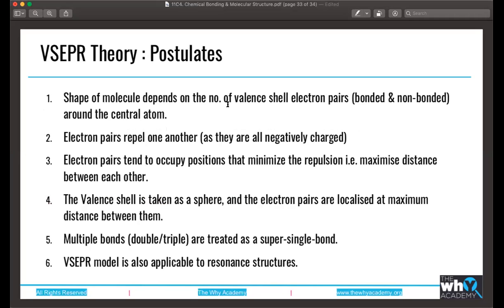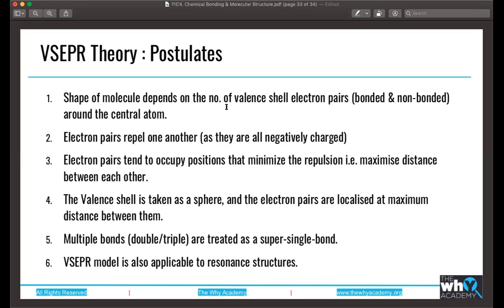So these are the postulates. I don't think you'll have to learn these postulates. The main questions you'll be asked are what is the shape of the molecule, and maybe to draw it. First postulate: the shape of the molecule depends on the number of valence shell electron pairs. I just said this based on the name. You have to check how many bonded and non-bonded pairs there are, and that will decide the shape of the molecule.